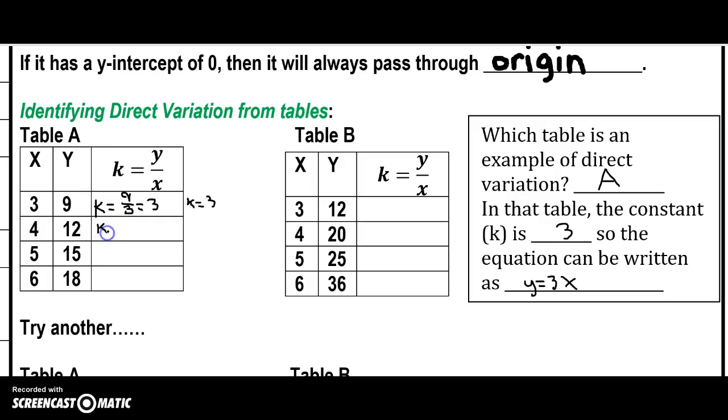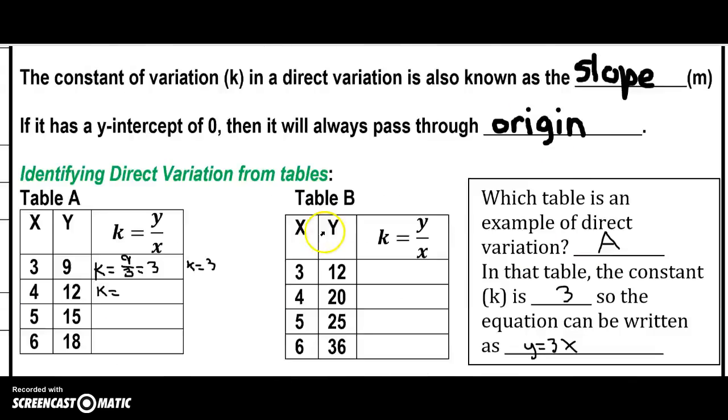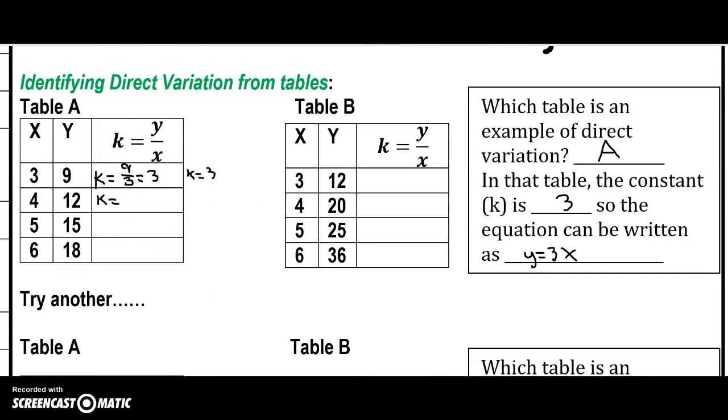Then k equals 12 divided by 4 equals 3. My k equals 3.